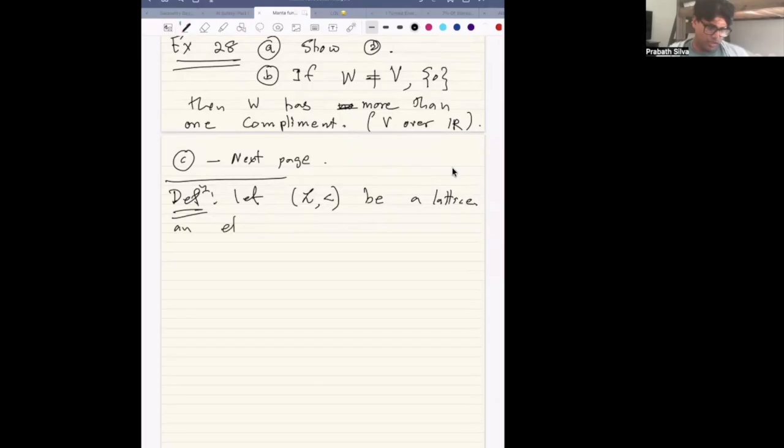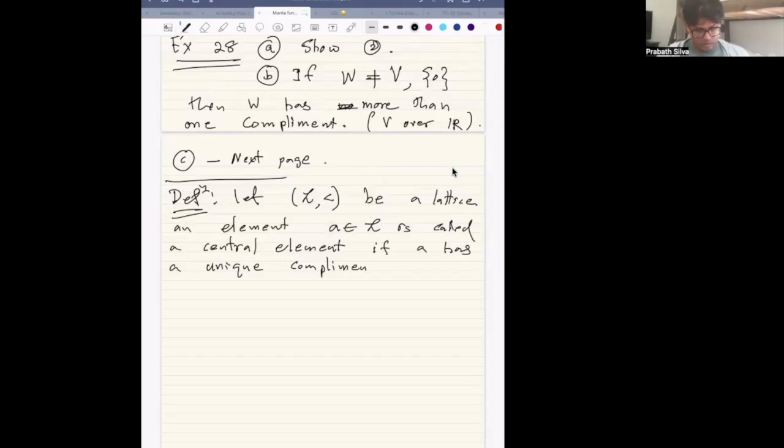An element A in here is called a central element if A has a unique complement. Okay. So the central elements are the elements with a unique complement.